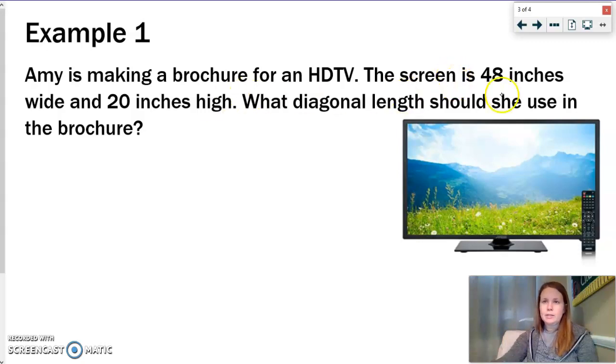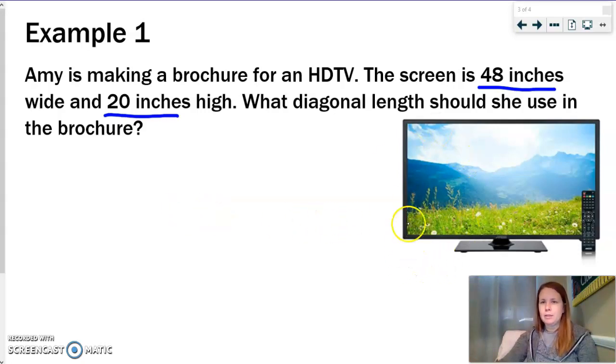Well, those are important details, so I'm going to underline those. What diagonal length should she use in the brochure? So she's using this brochure to explain about this TV, maybe advertising it. She tells me that the screen is 48 inches wide and 20 inches tall.